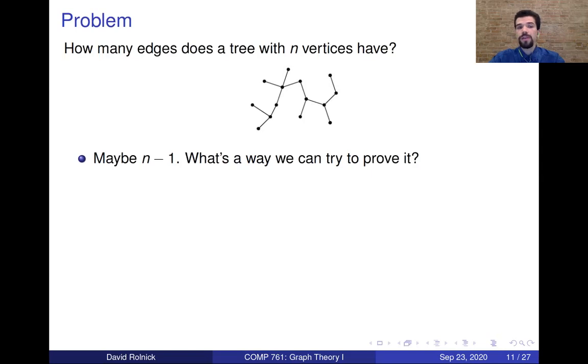So intuitively, if there's more than n minus 1, there will be a cycle. It's hard to make that completely rigorous. Yes, if you have a tree and you add another edge to it, if you don't add another vertex, then you have to create a cycle.